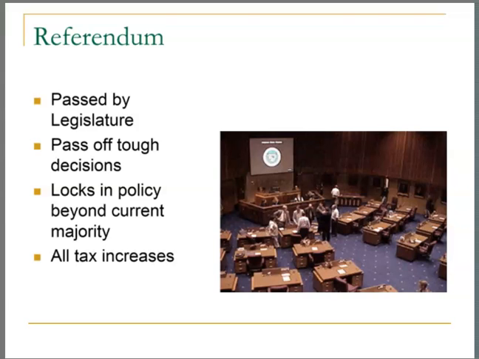So, if a legislature were to pass a law by a simple majority, they could indeed pass the law, but then a future legislature could pass a new law which would undo the law that you've passed. However, if instead of passing a law, you use your majority to put a proposition on the ballot, and the public then votes in favor of that proposition, that law is now locked in.